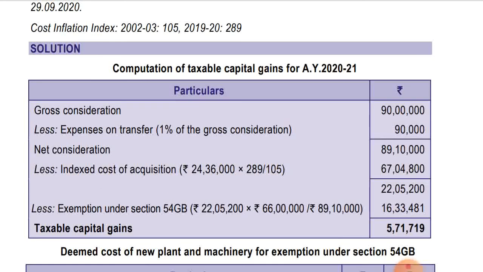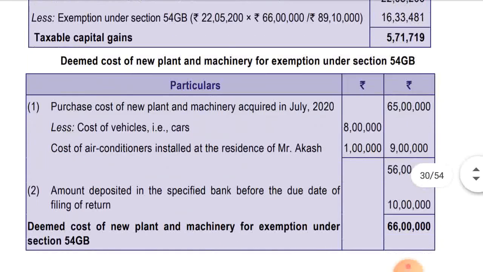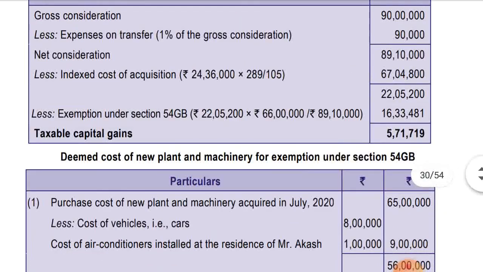So index cost of acquisition is coming to 67 lakh 4,800, and the capital gain is coming to 22 lakh 5,200. Exemption, we'll see in the note below how it is calculated.